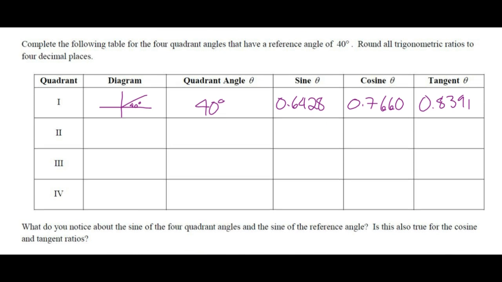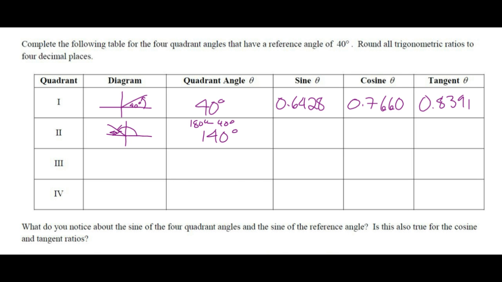I need a reference angle of 40 degrees in quadrant 2. So there's 40 degrees. What's my rotation angle for the quadrant angle? 180 minus 40, right? So 180 degrees minus 40 degrees, 140 degrees.